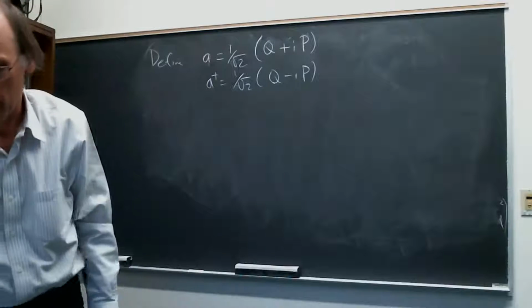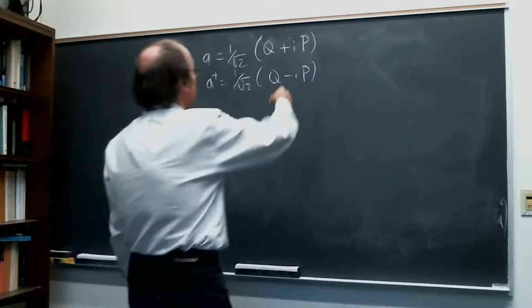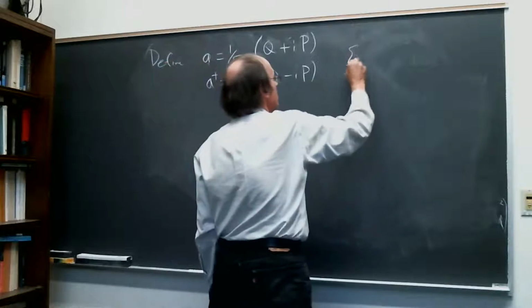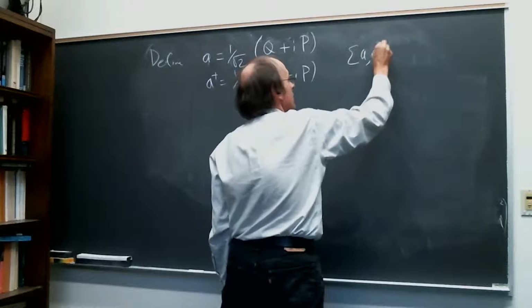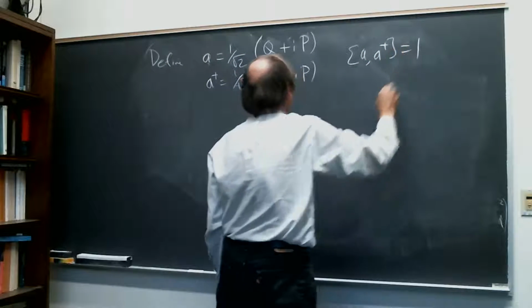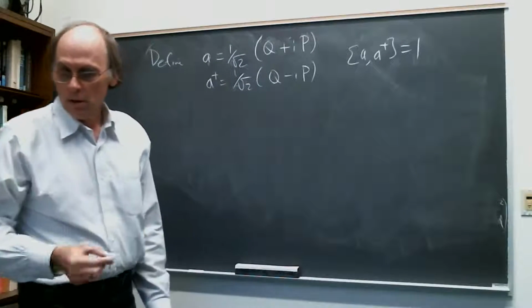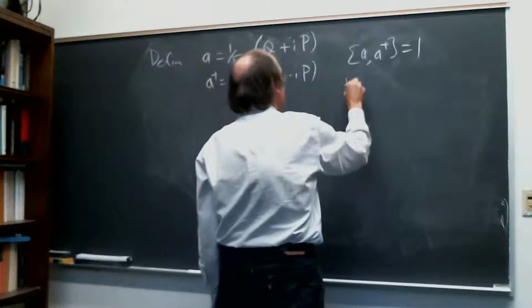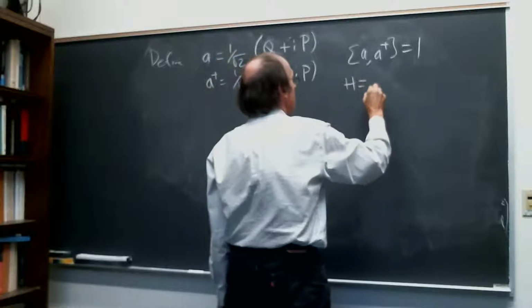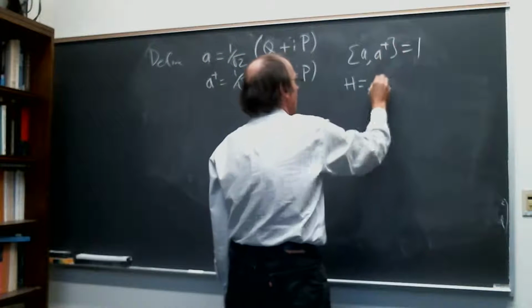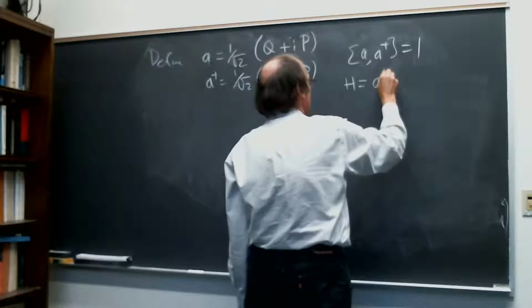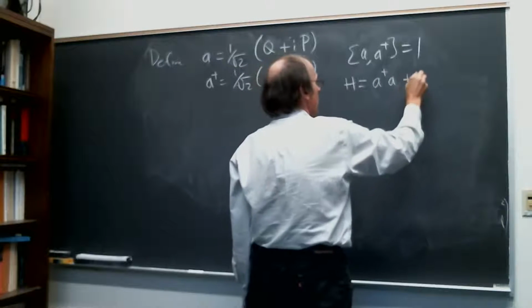But what you do is, instead of the Heisenberg commutation relations, you just work with this commutator equal to 1, and the Hamiltonian, one way of writing it, is A dagger A plus 1/2.